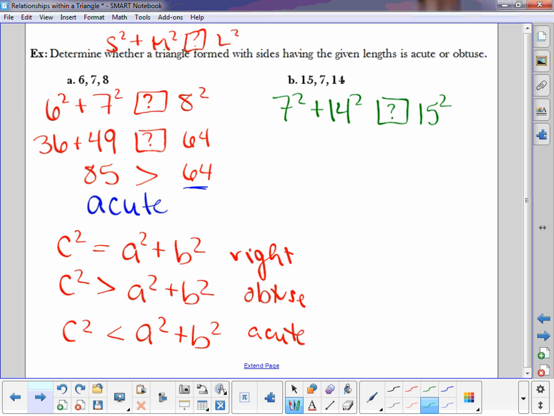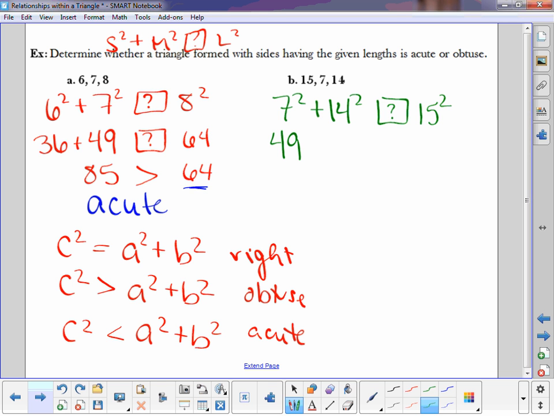That's a good time to know our squares. What is 7 squared? 49.